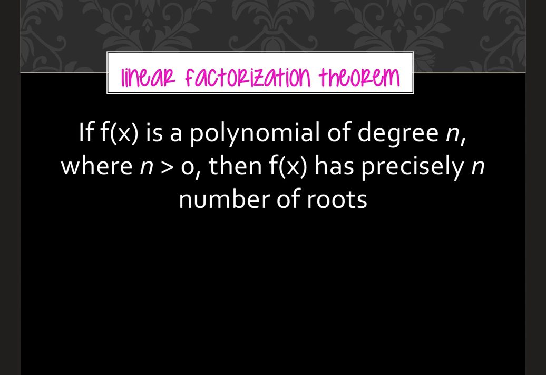We start with the linear factorization theorem, which says if f of x is a polynomial of degree n, where n is greater than 0, then f of x has precisely n number of roots. In plain English, the highest exponent is equal to the total number of roots. So if I have x to the 7th plus or minus something, and that's the highest exponent, then there would be 7 roots.